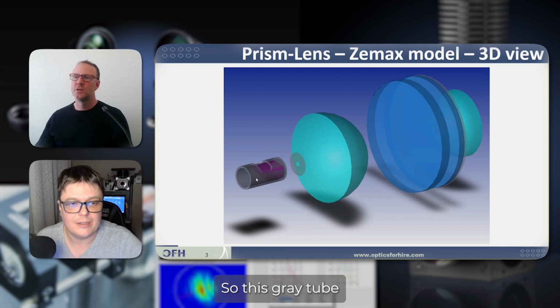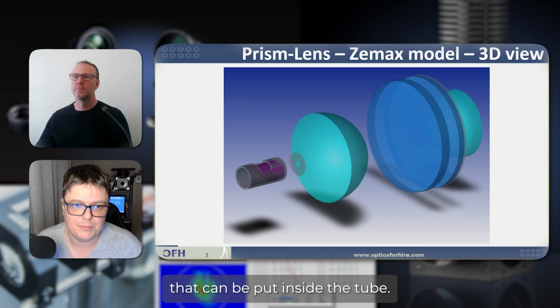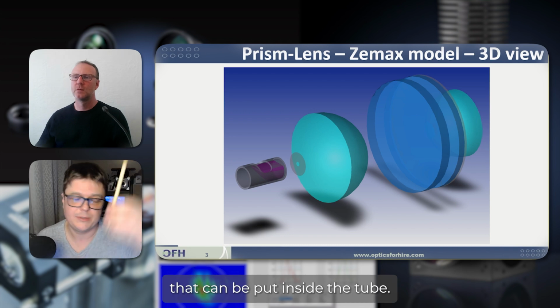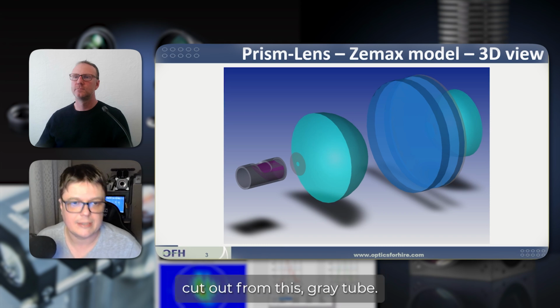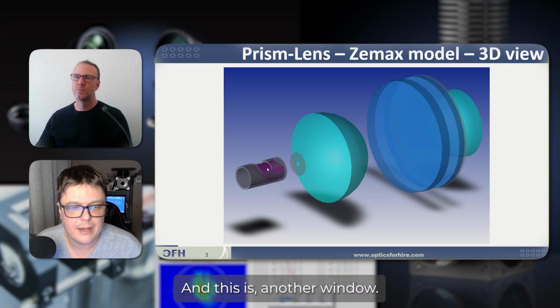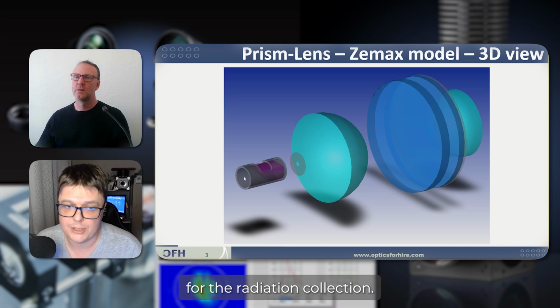So this gray tube is the end of the sensor that can be put inside the tube, and you can see a cutout from this gray tube, and this is an entrance window. This part is used for the radiation collection.